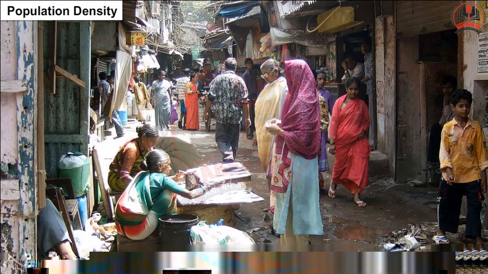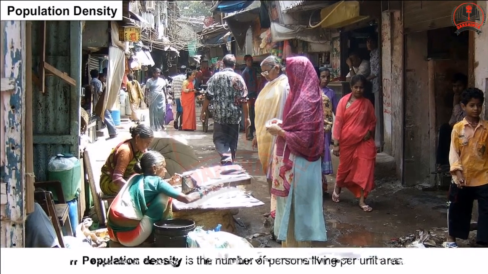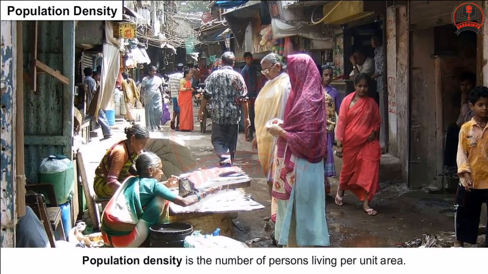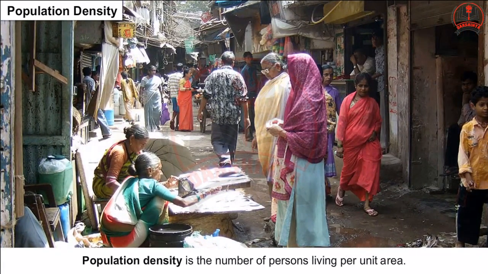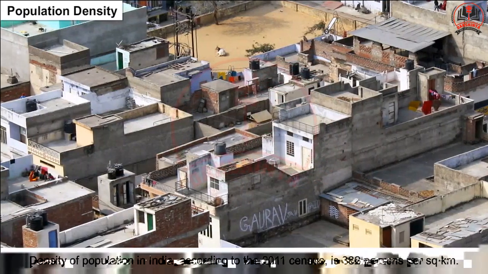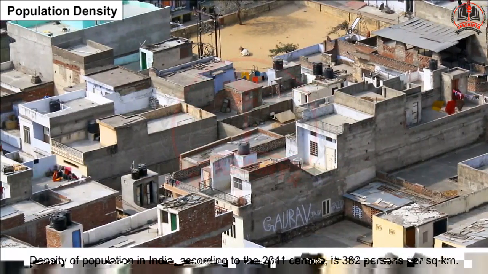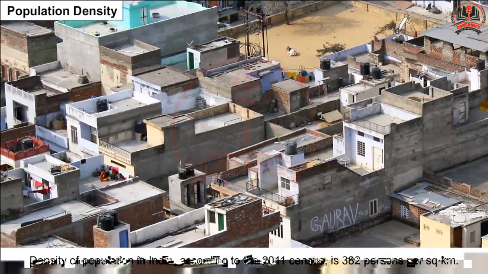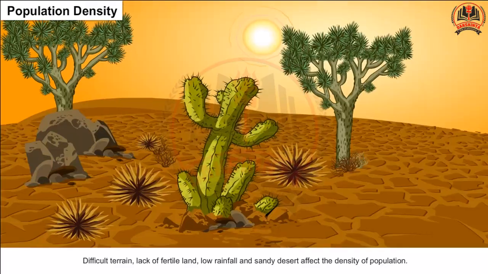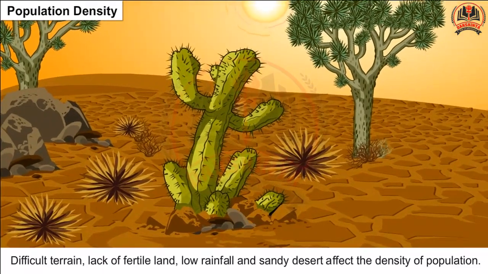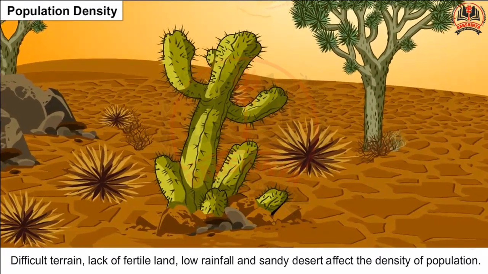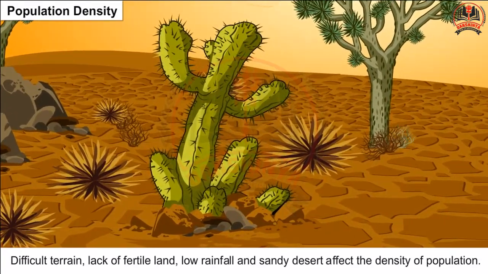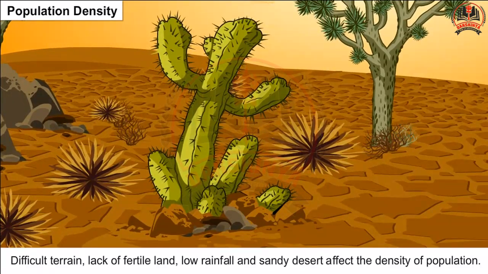Population density. Population density is the number of persons living per unit area. The density of population in India, according to the 2011 census, is 382 persons per square kilometre. Difficult terrain, lack of fertile land, low rainfall and sandy desert affect the density of population.